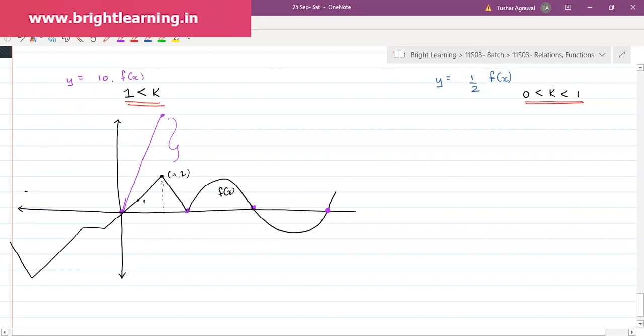Now here the purple image this way also is 0 only. So from x equal to 0 to, let's say, x equal to 3, it was a V-shaped graph, and it remained a V shape, but the curvature of that V changed.